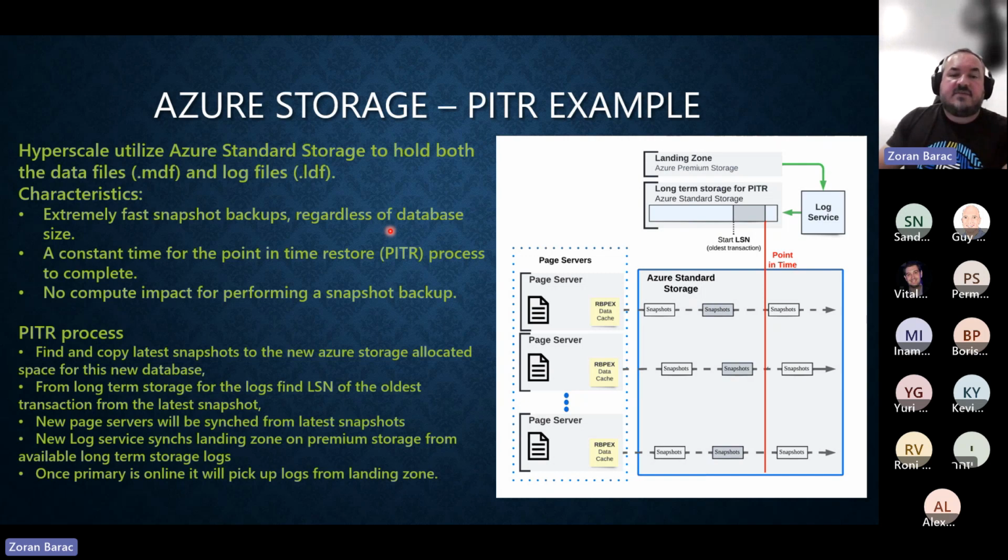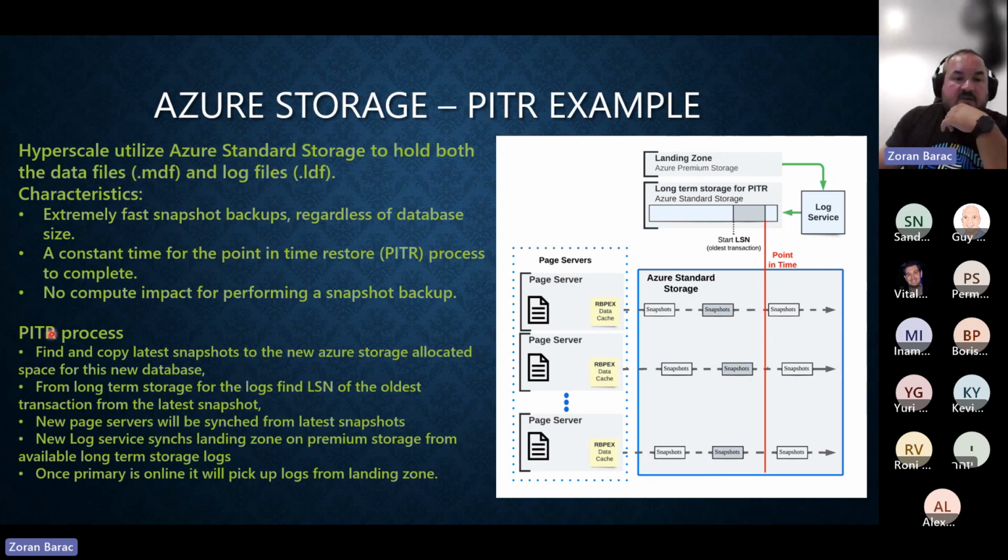So 512 and 128 are not going to be the same. It takes as long as your biggest file takes, because they all work in parallel. Those snapshot backups also have no impact on your compute, and that's really important. Those snapshot backup files are, in fact, not a full backup. They're small differential copies from a base file, with a stamp.